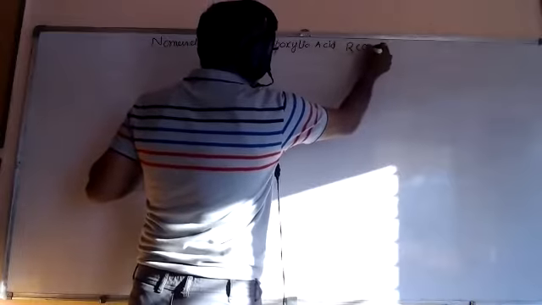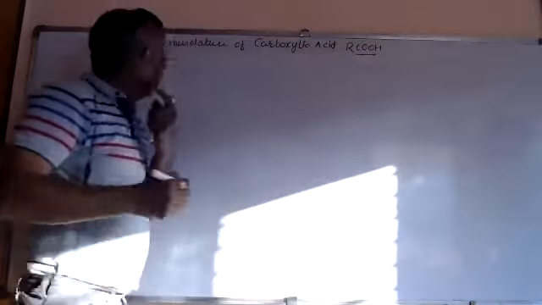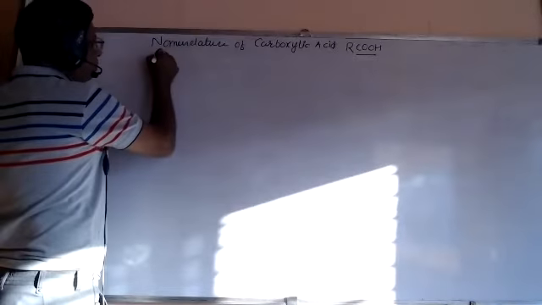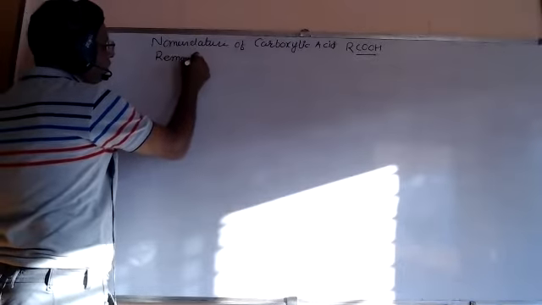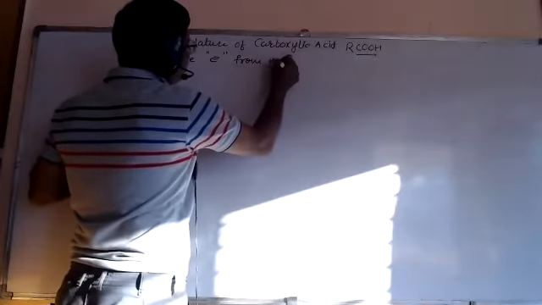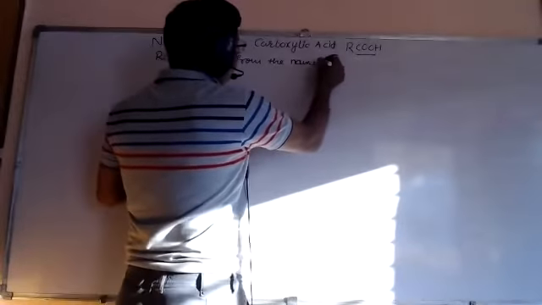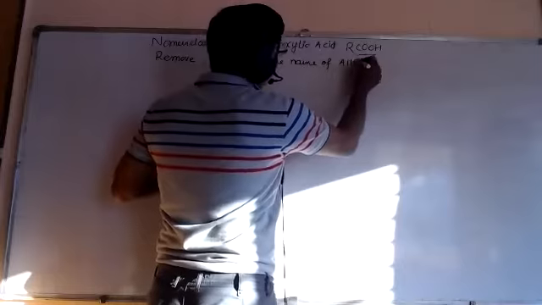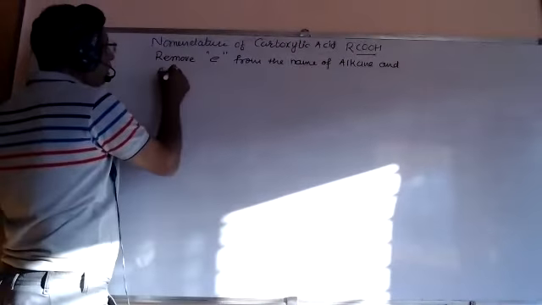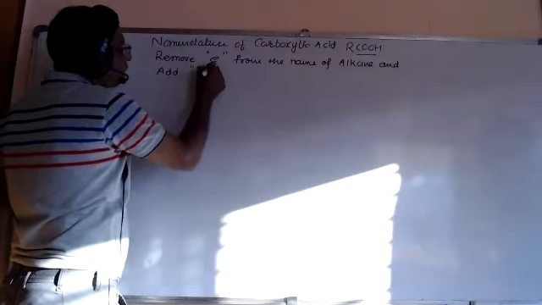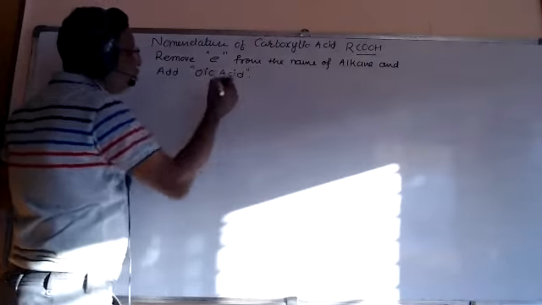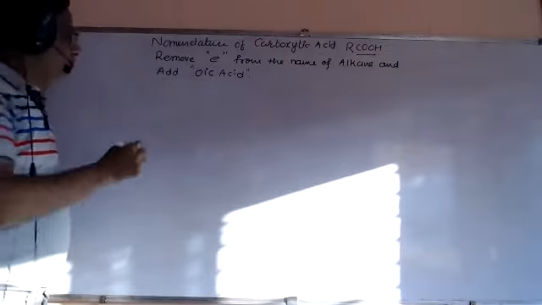Carboxylic acid has the common formula RCOOH, and we have to remove E from the name of alkane and add the word oic acid to make the name of acid.